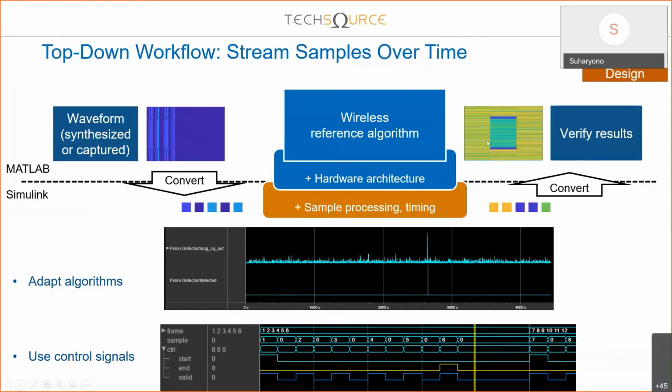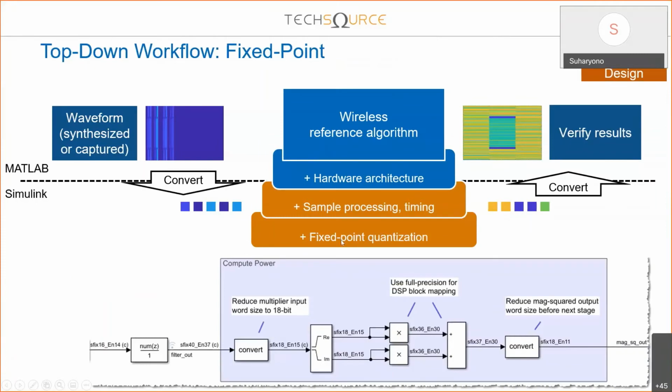Once we modify our algorithm to work with sample-based processing and include this control signal, the next step is the fixed-point conversion, like I mentioned earlier. MATLAB and Simulink help you modify your data type from floating point to fixed point, which is typically used for hardware like FPGA and ARM processors.